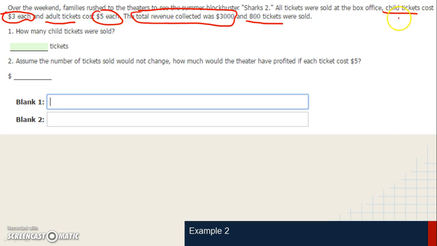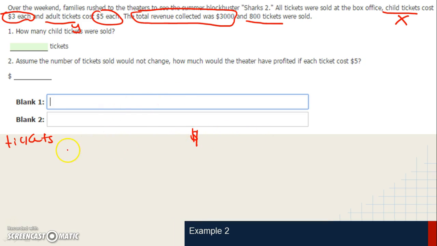Okay, well, we know that we have to identify our variables. We don't know child tickets because that's what it's asking for. We'll label that X. We don't know adult tickets. We will label that Y, and we can begin to create equations based off our totals. We have total revenue, total tickets. So we have a tickets equation, and we have a revenue equation.